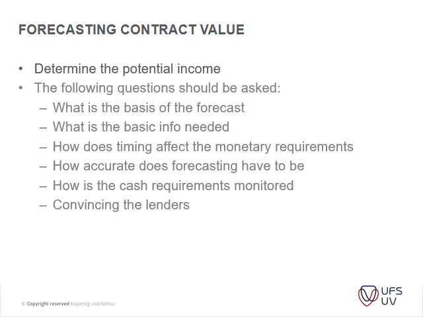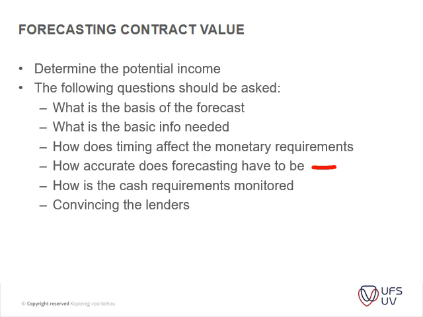Okay, forecasting contract value. You've got to determine the potential income. The following questions should be asked when you're looking at your forecasting. What is the basis of the forecast? What is the basic info you need? How does timing affect the monetary requirements? How accurate does forecasting have to be? That's a very crucial thing. My answer is usually as accurate as possible.